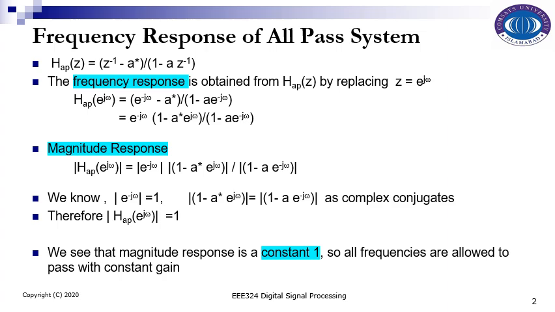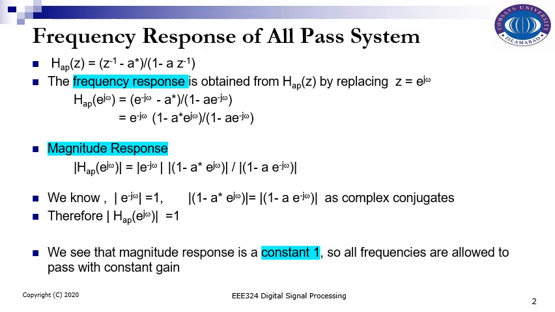Let's find the frequency response of an all-pass system. The system function, as we saw in the last slide, is H_AP(z) equal to z inverse minus a star over 1 minus a z inverse. We obtain the frequency response from the system function by replacing z with e to the j omega.